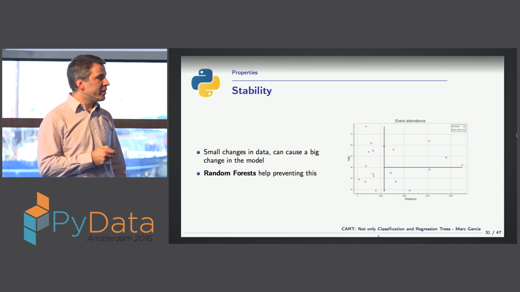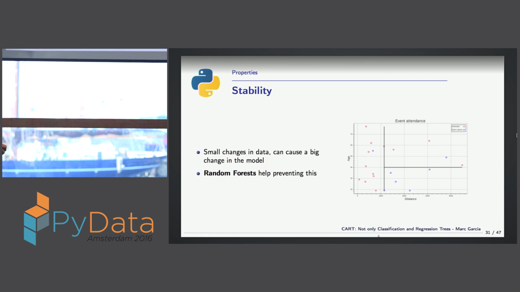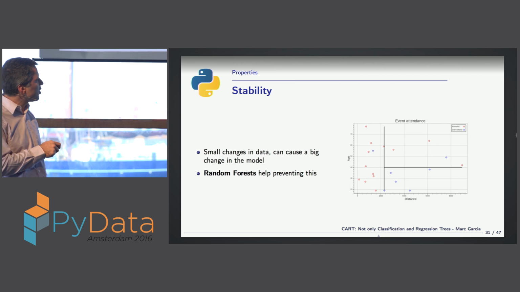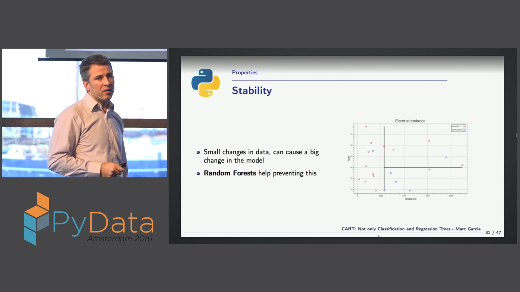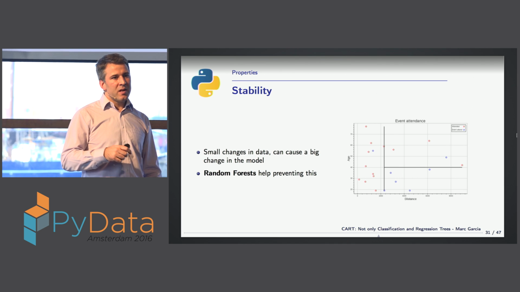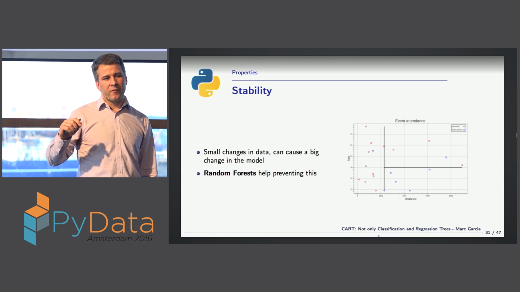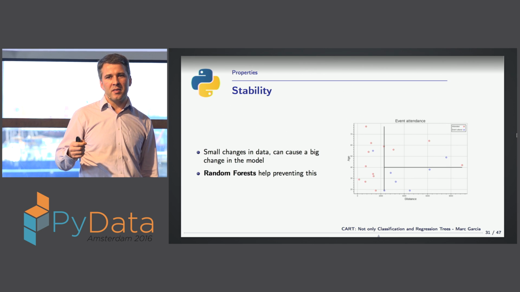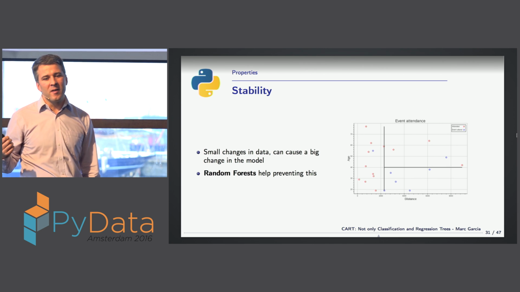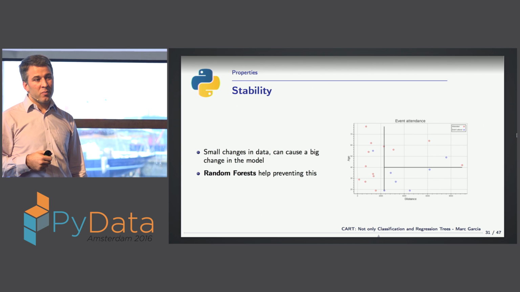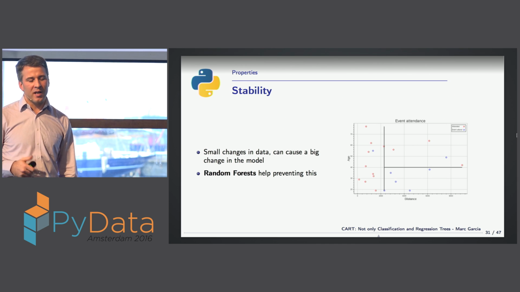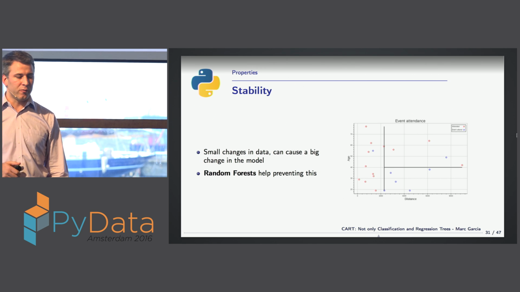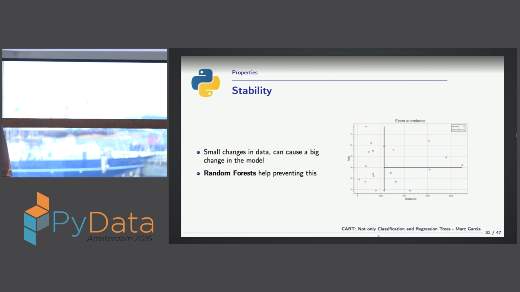While in decision trees, imagine that just a few samples make the first split not the one on the distance, but one on the age. We'll get a totally different model. So even if you get a few more samples and train your model again, the model that was performing great yesterday may start to perform quite poorly or in a different way. That's much more likely in a decision tree. Of course, it depends on the number of samples.